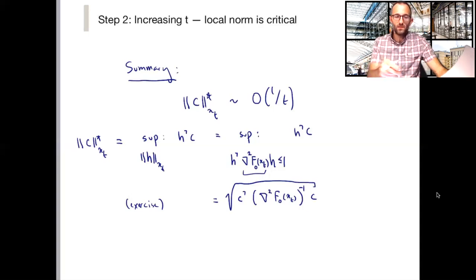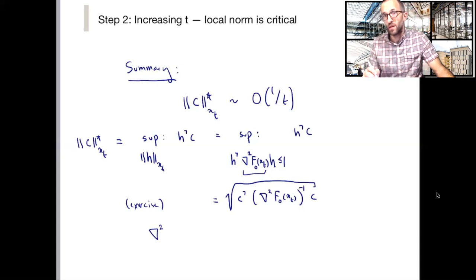But that's why we should expect, or it's at least not unexpected that this is going to be something quite small. So in other words, because the largest eigenvalue of the Hessian, we expect it to be growing.